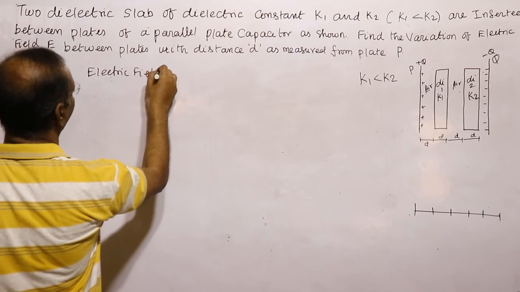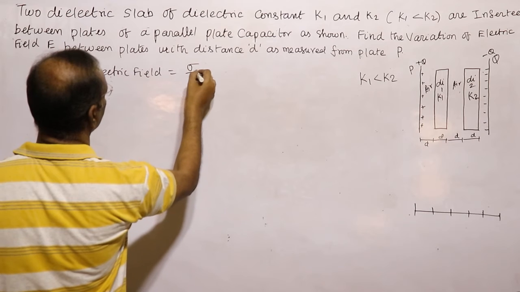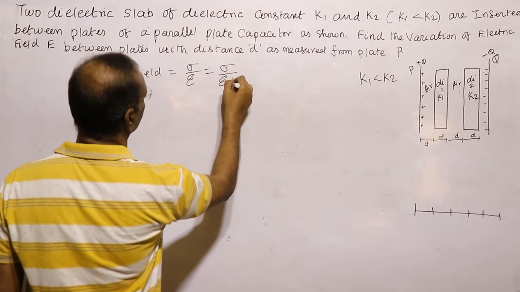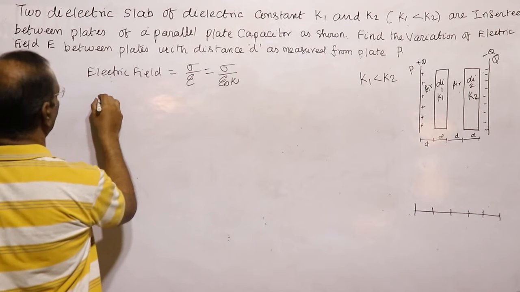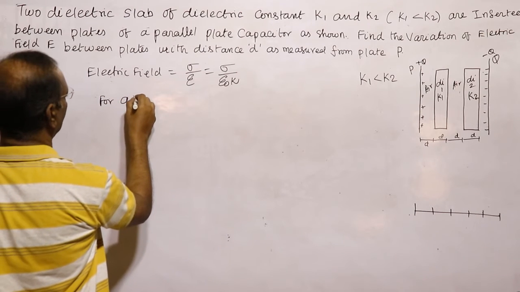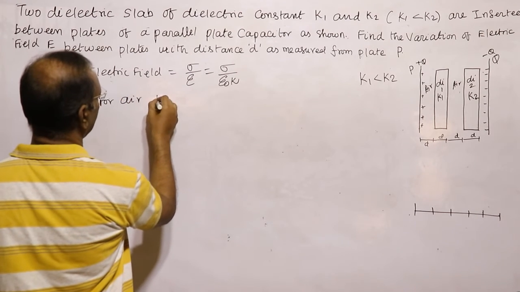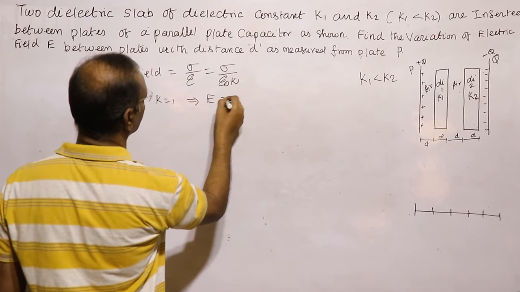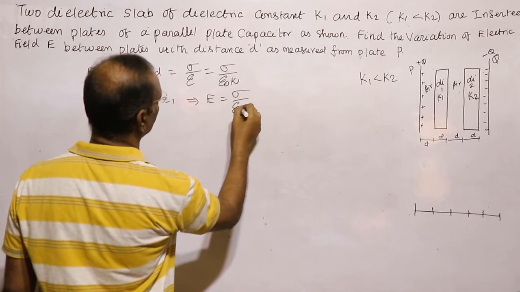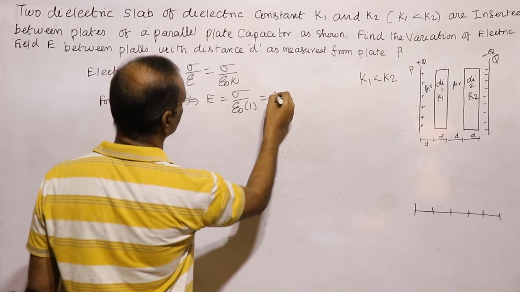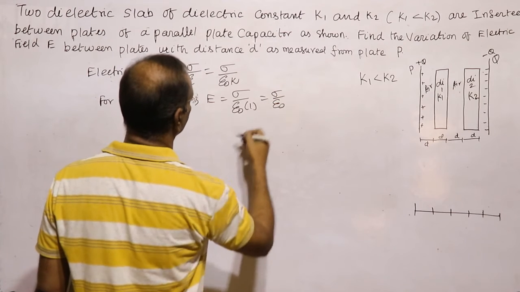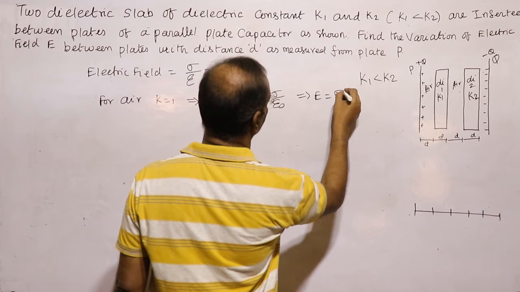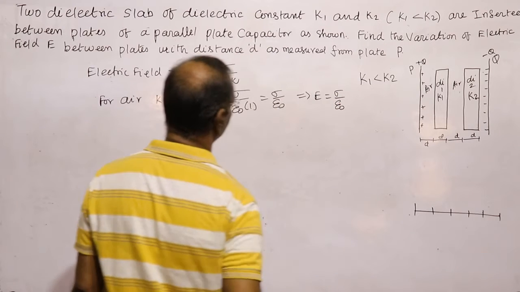is given by sigma by epsilon, which is equal to sigma by epsilon naught into K. For air, K is equal to 1, therefore the electric field is sigma by epsilon naught into 1, which is sigma by epsilon naught. Therefore, E is equal to sigma by epsilon naught.